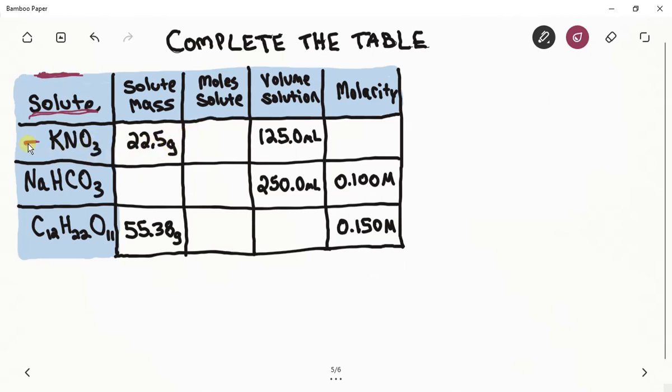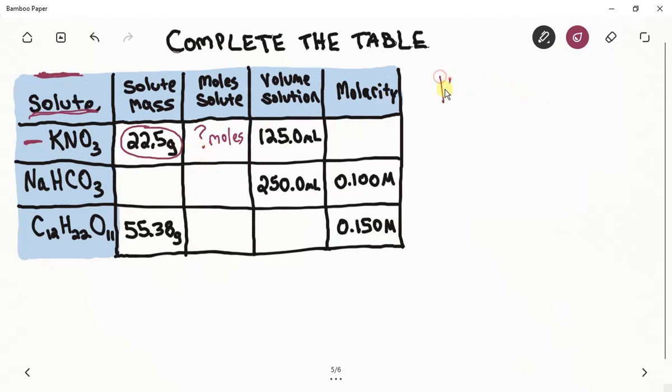So if you look at this KNO3, don't pay attention to the bottom 2 rows because we haven't gotten there yet. Just pay attention to the KNO3, the potassium nitrate. It's telling us that we have 22.5 grams of potassium nitrate. So how many moles is that? How many moles is 22.5 grams of potassium nitrate?